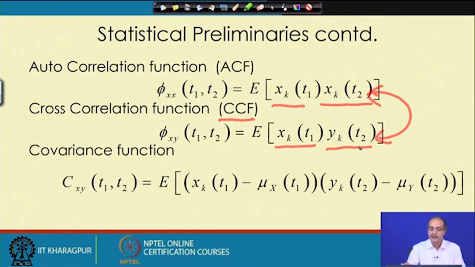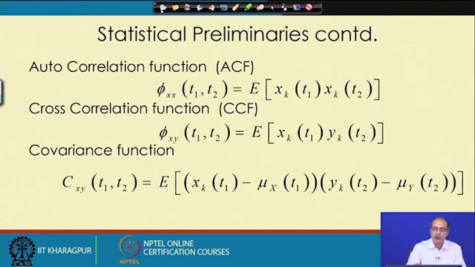And one more, very similar function is called the covariance function. Covariance function is actually correlation after removing the mean.